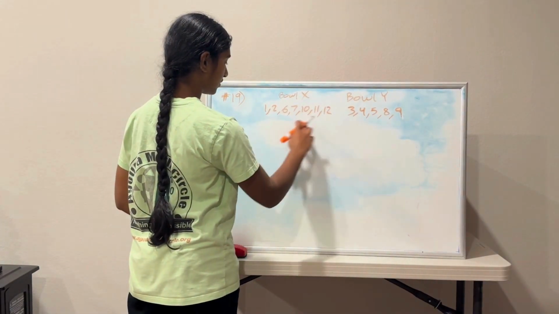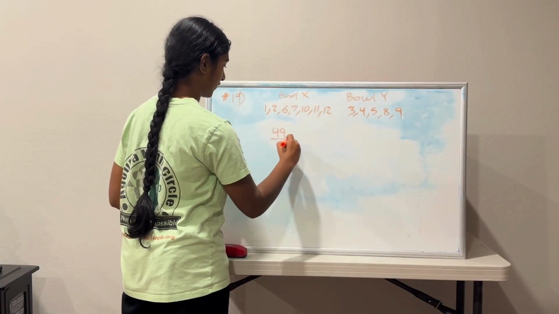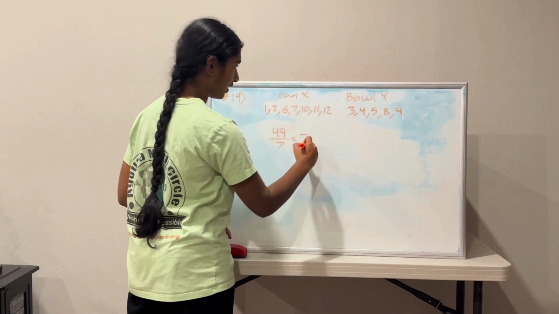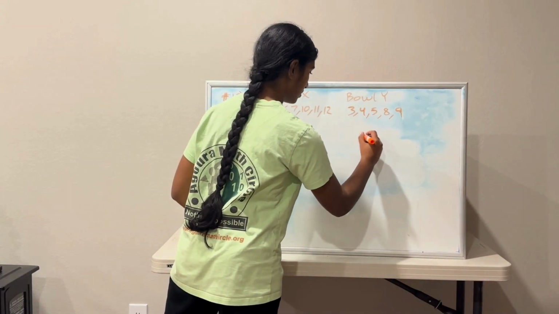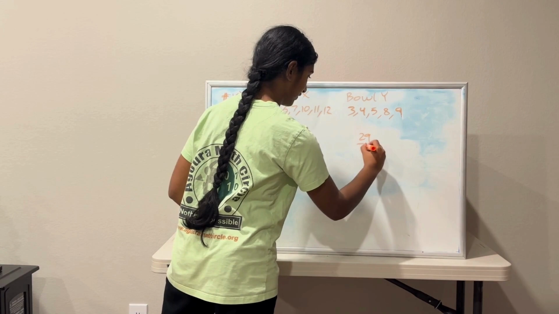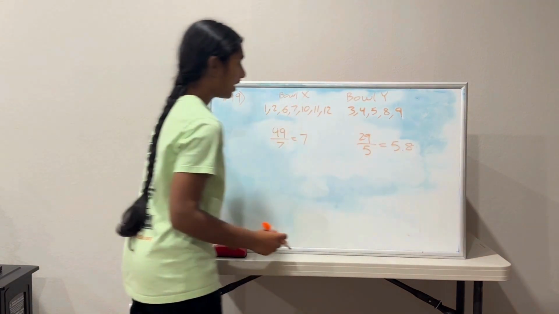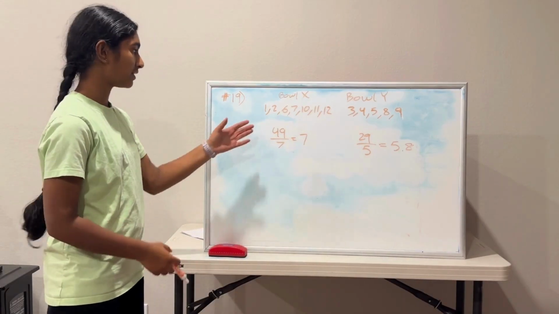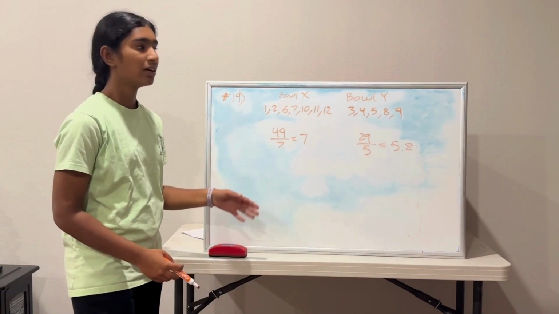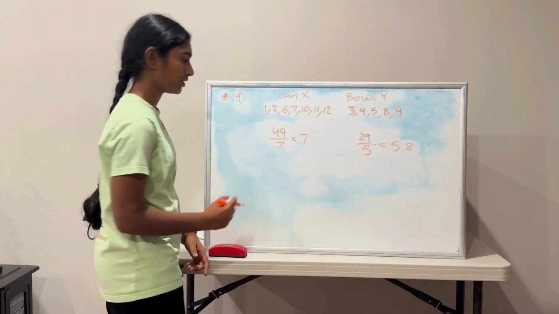So the sum of all the numbers in bowl X is 49, and since there's 7 numbers, our average is 7. And the sum of the numbers in bowl Y is 29. With 5 numbers, that makes it 5.8. Now, we want a number that is less than 7 so that bowl X's average increases, but greater than 5.8 so that bowl Y's average also increases.